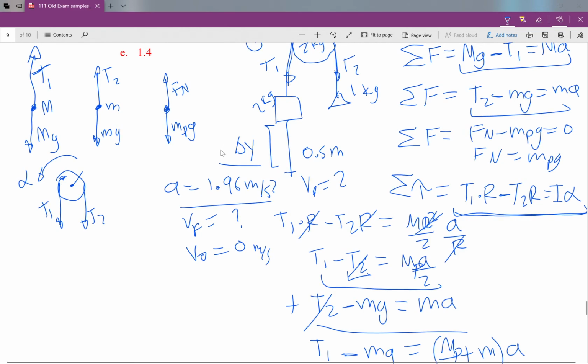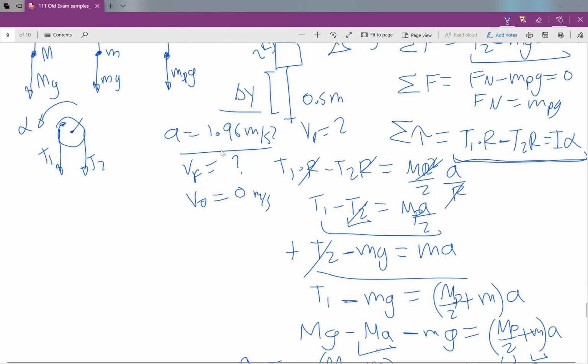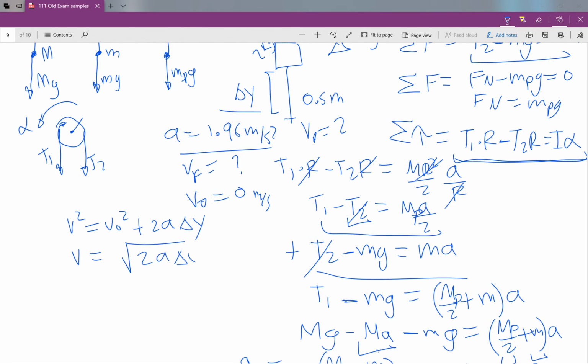So we have velocity, we have acceleration and displacement. It sounds like the third kinematics equation, because we don't have time and we don't want to bother with it. So V final squared equals V0 squared plus 2 times the acceleration times the displacement. So we can solve for the final velocity, and that's the square root of 2a delta y, given that V0 is 0.